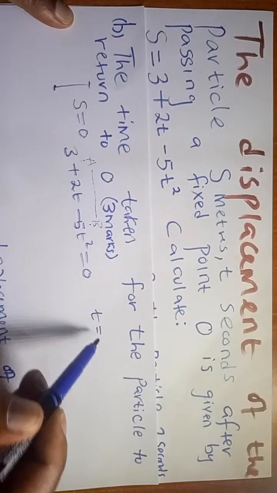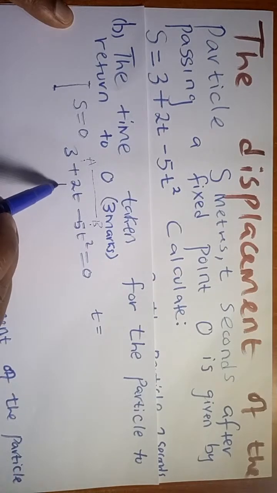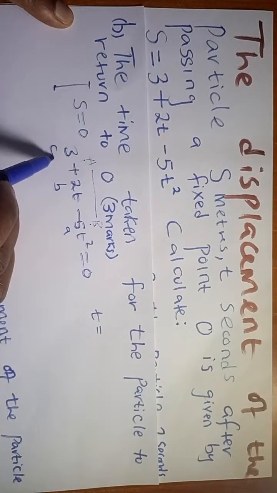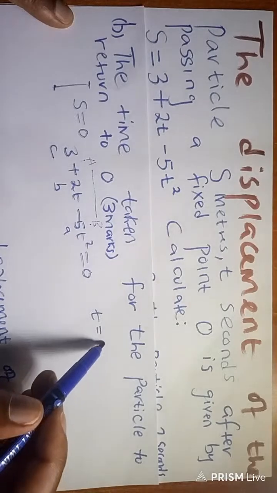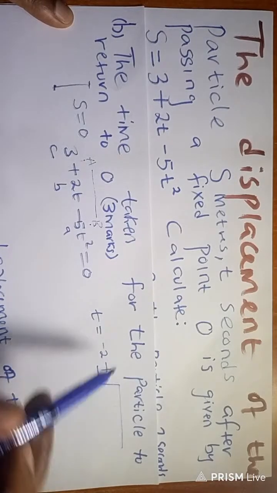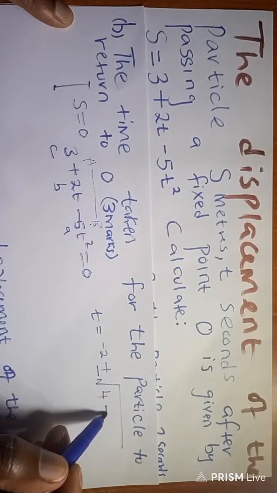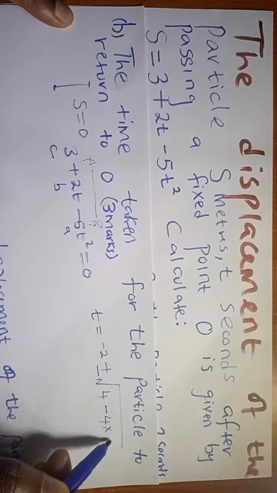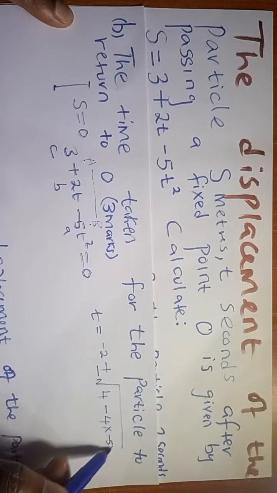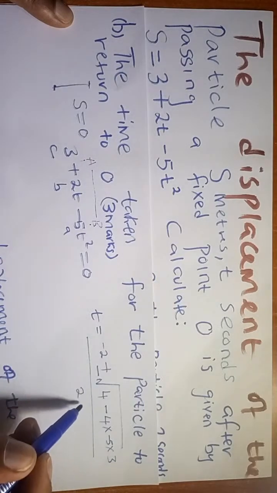So t is equal to minus b. So this is our b, this is our a, this is our c. So minus b, so minus 2 plus or minus the square root of b squared. So 2 squared is 4 minus 4ac, 4 by a is negative 5 and c is 3, divide by 2a.